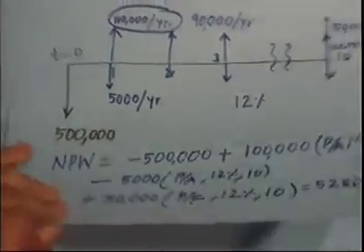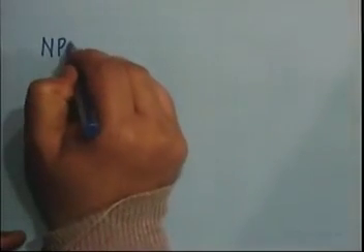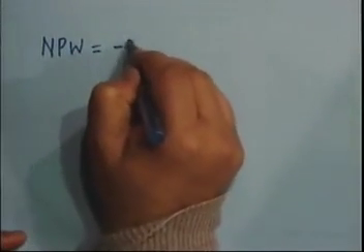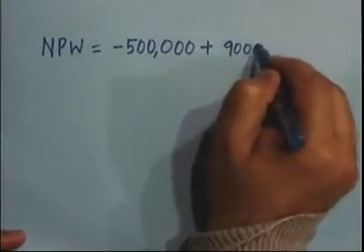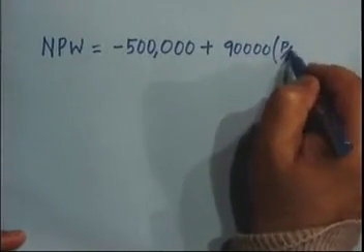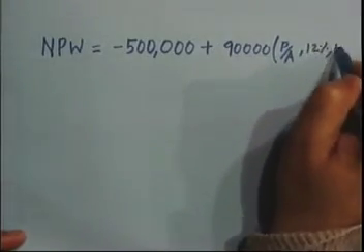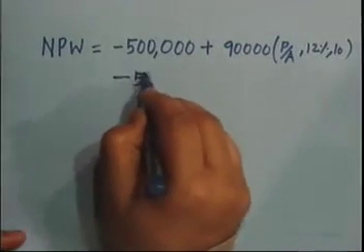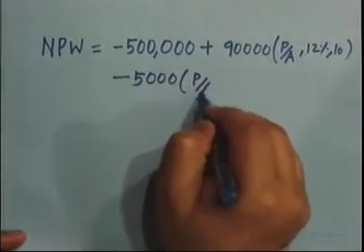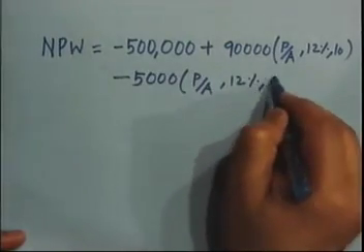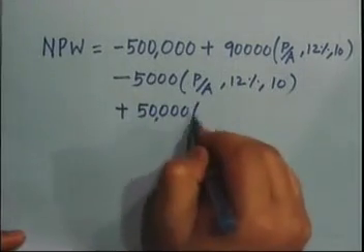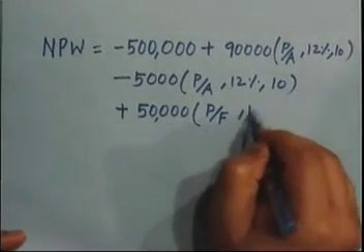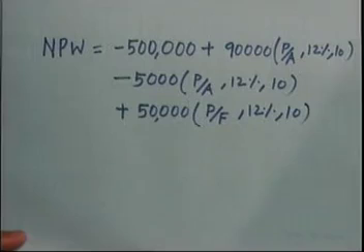Now, let us see what happens to my decision. I will recalculate my net present worth, and it will be calculated like this: net present worth is equal to minus 500,000 plus 90,000 (P given A, 12%, 10 years) minus 5,000 (P given A, 12%, period 10) plus 50,000 (P given F, 12% and 10).